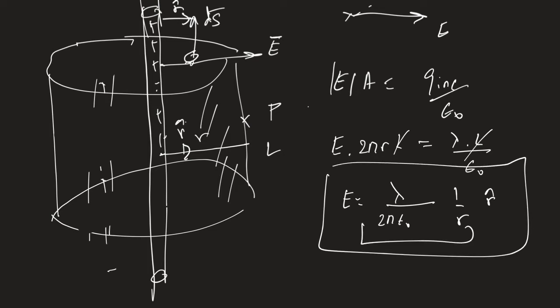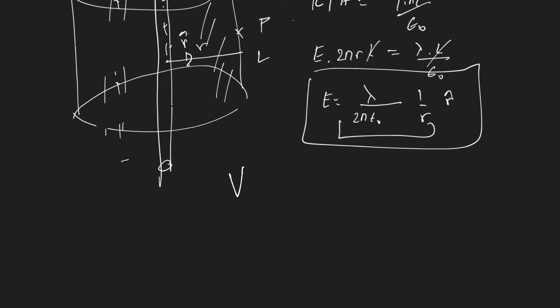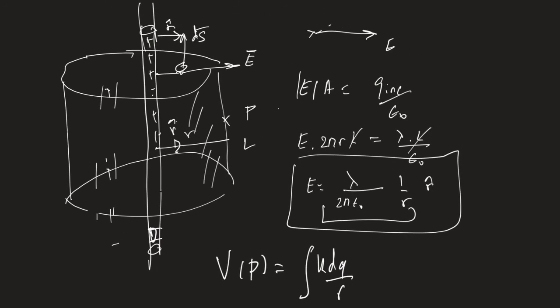But what if we want to find the potential at any point? I cannot use V of P equals the integral of dq divided by R times k, because at the point P, I cannot find the contribution of the potential, since I cannot fix the potential at infinity equal to 0.